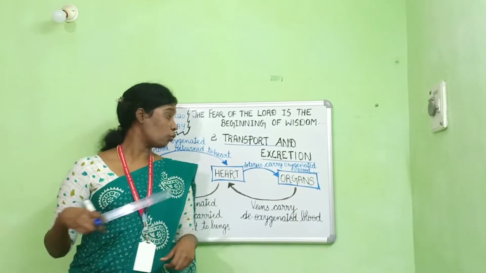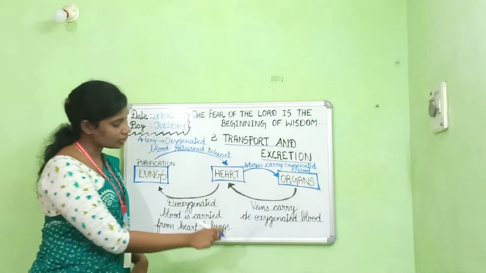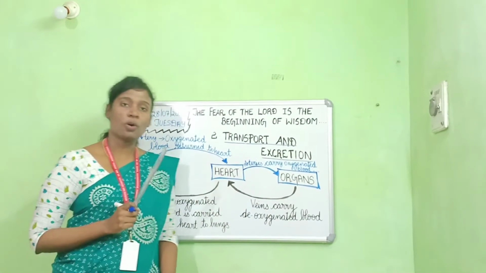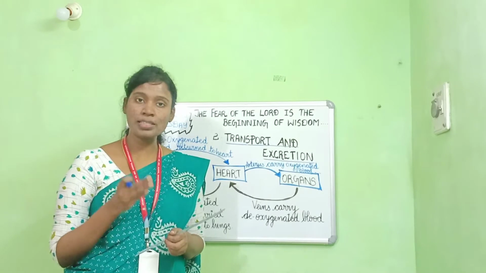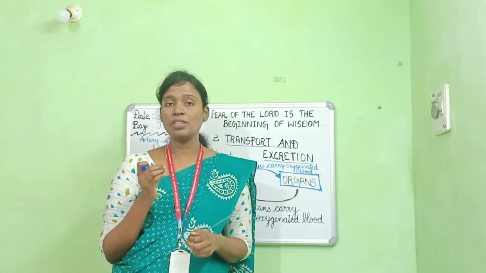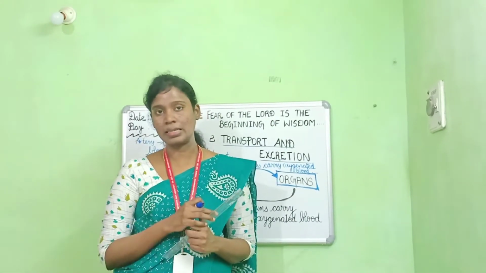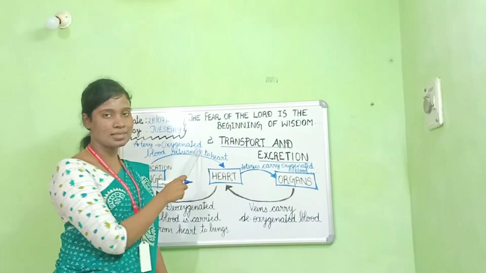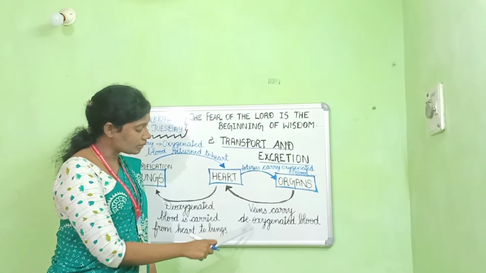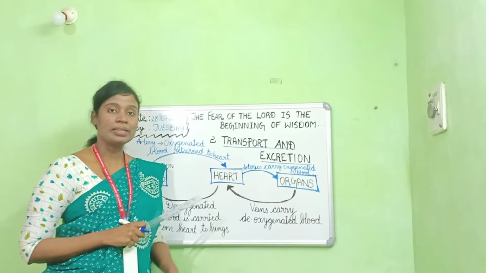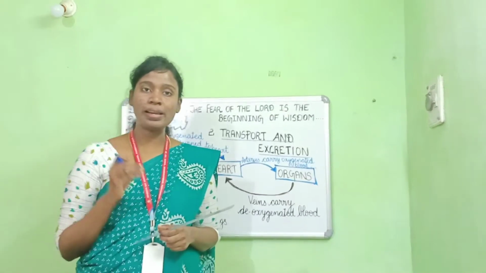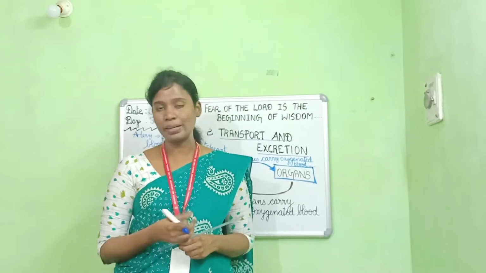So children, do you know what is oxygenated and what is deoxygenated blood? Oxygenated blood is the pure form of blood which has lots of oxygen in it, so it is called oxygenated blood. Then what is deoxygenated blood? Deoxygenated blood is the blood which is loaded with carbon dioxide.